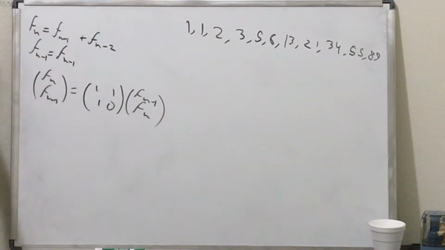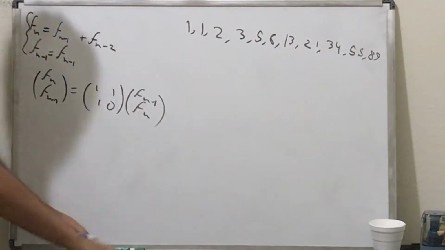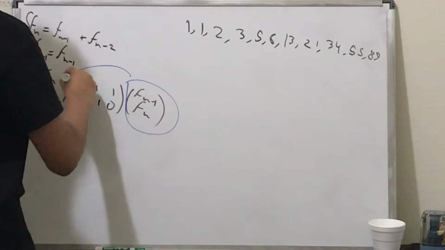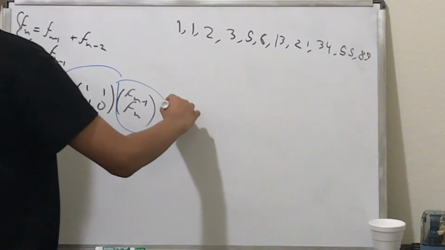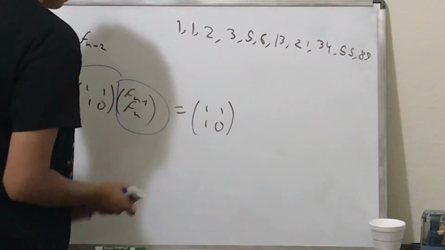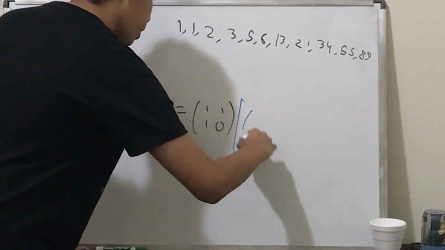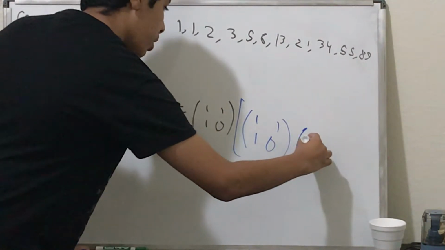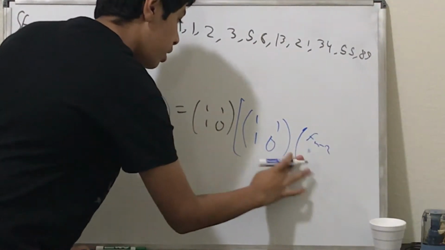Now we see it's still recursive, but what we can do is take this and apply it back into the formula. Doing that, we get 1, 1, 1, 0 times this part right here. When you plug that back into the formula, it's 1, 1, 1, 0 times F of n minus 2, F of n minus 3.